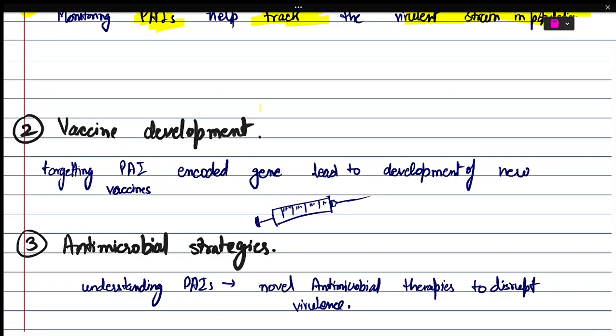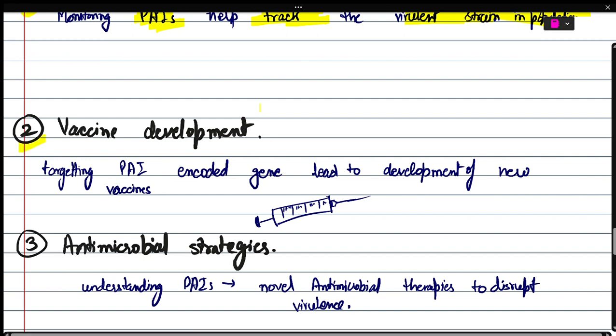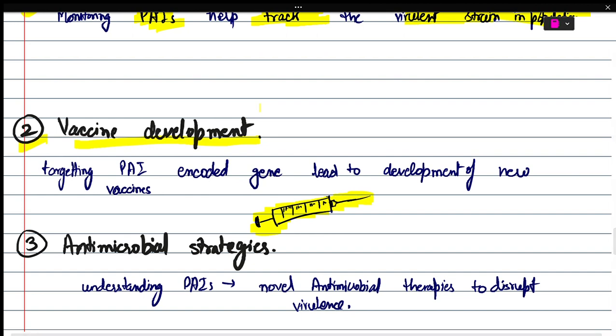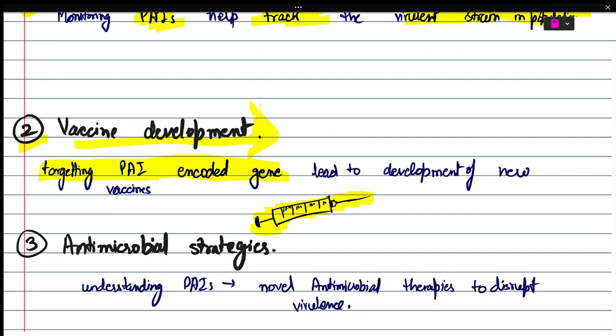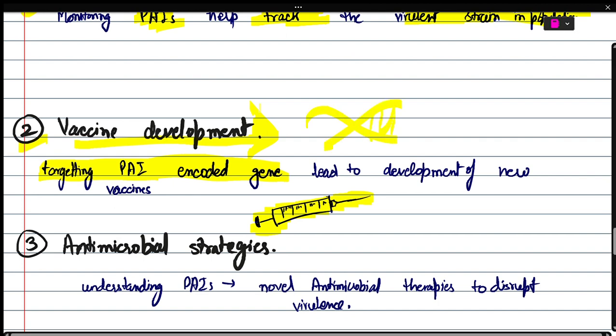Our second point is vaccine development. As you know, after COVID, the importance of vaccines is very high. Regarding PAIs, if we target a certain PAI-encoded gene, let us say this is my PAI gene and it encodes some protein, this can lead to the development of new vaccines against that protein.